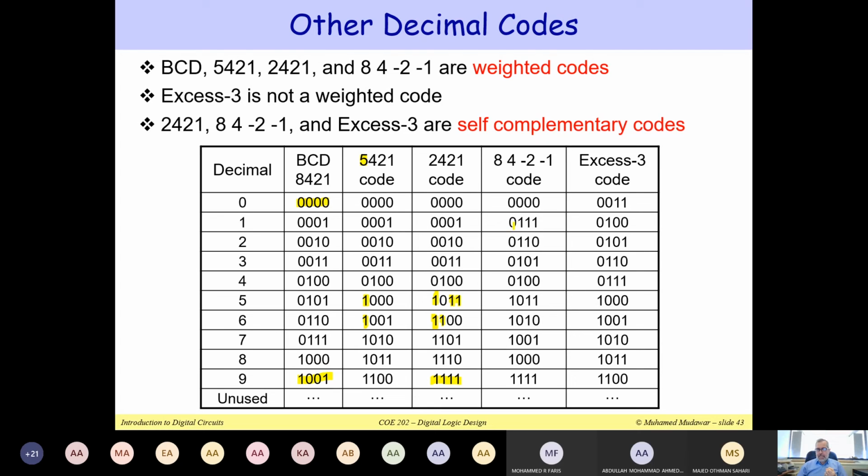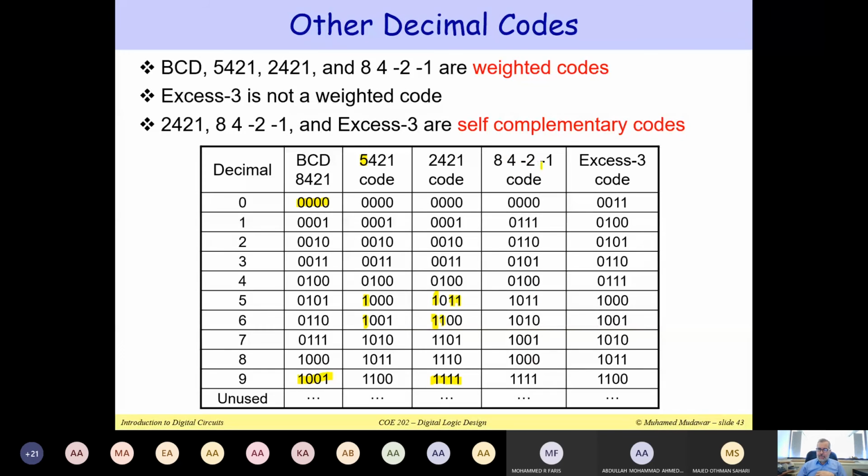Now, 1 will be represented as 4 minus 2 minus 1. So this will be 1, whereas 2 will be 4 minus 2, and 3 will be 4 minus 1. Then you have 4, which is 0, 1, 0, 0, and then 5 will be 8 minus 2 minus 1, and so on.